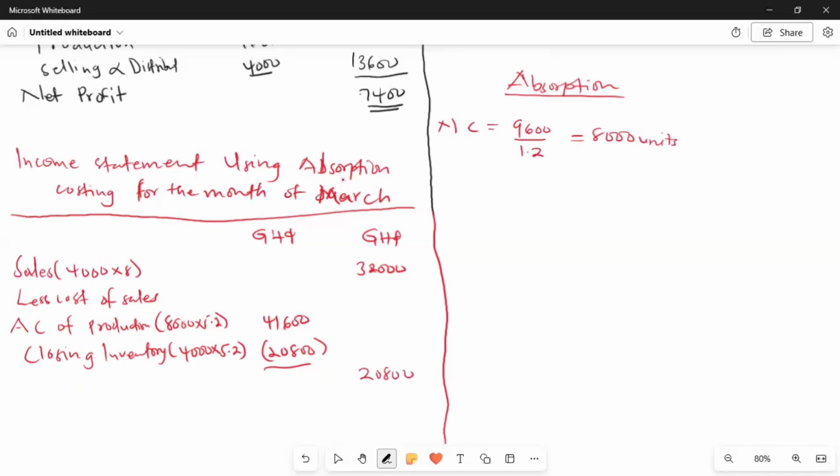So we less the cost of sales from this, and then we have our gross profit. So 32,000 minus 20,800 gives us a gross profit of 11,200.